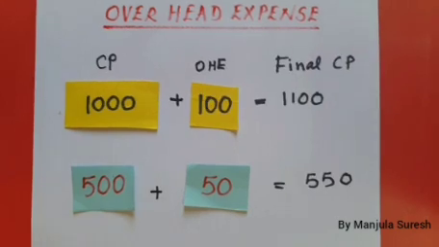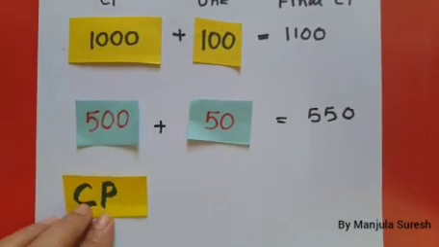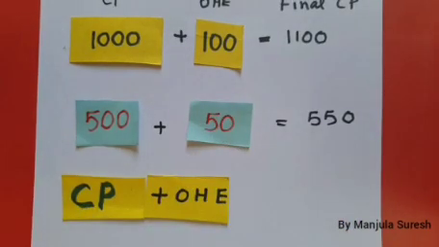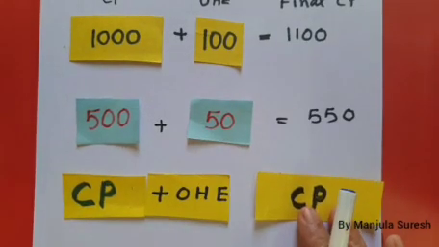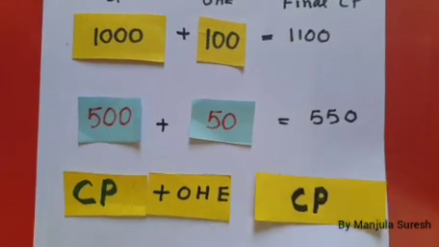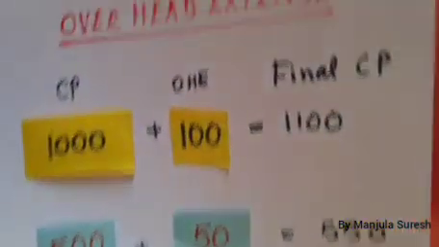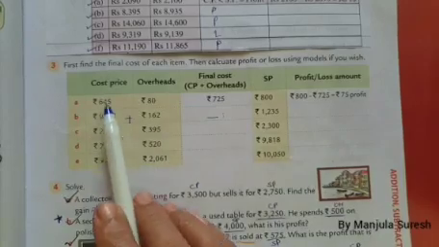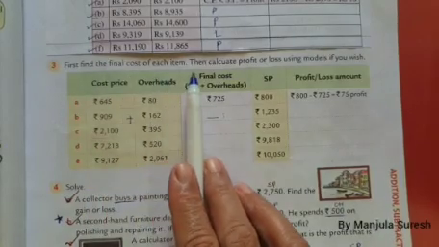That means your CP, whatever is the cost price of an item, you have to add overhead expense together with that CP to get the final CP. Okay, so we are going to do problems based on this. In your textbook, question number 3. Here find the final cost of each item.